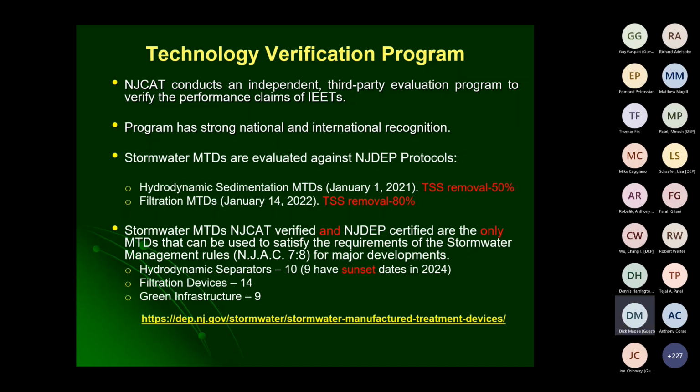Eventually, by the end of 2024, 9 of the remaining 10 that were certified under the old program will also have sunset dates. The sunset dates were determined by having a 5-year period to recover your costs in both testing and going through the verification process.